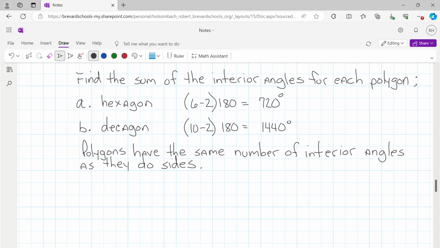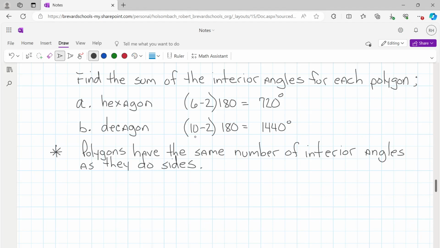We'll talk about that more on Monday, but I just wanted you to have it in your notes. That polygons have the same number of interior angles as they do sides. So a hexagon has 6 sides, and it also has 6 interior angles. A decagon has 10 sides. It also has 10 interior angles.